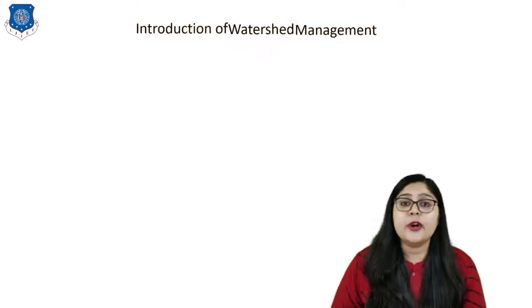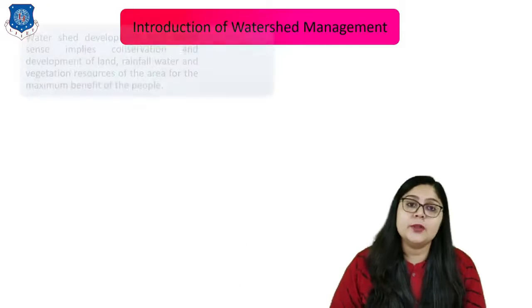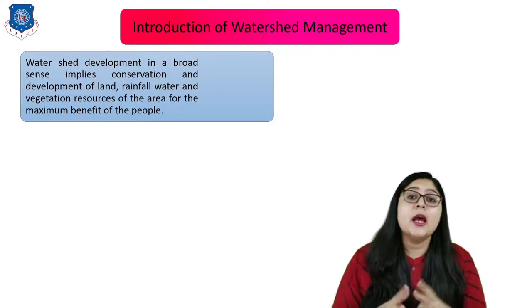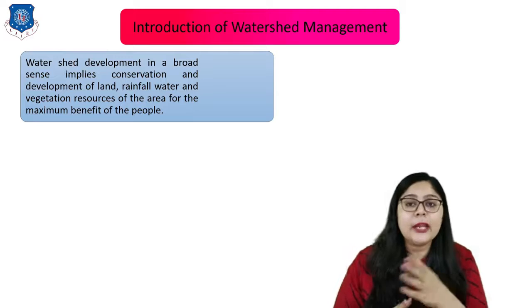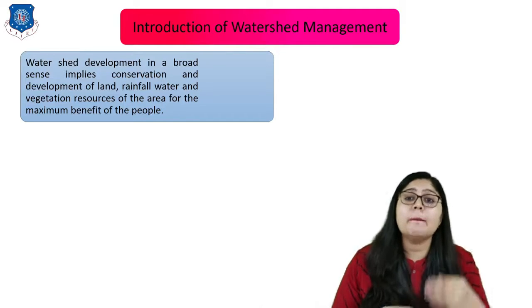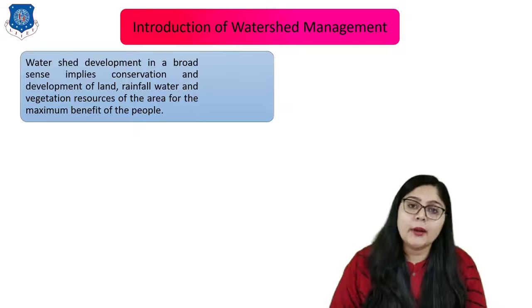So let us understand first the introduction of watershed management. So here the watershed development in a broad sense implies conservation and development of land, rainfall water and vegetation resources of the area for the maximum benefit of the people, right?